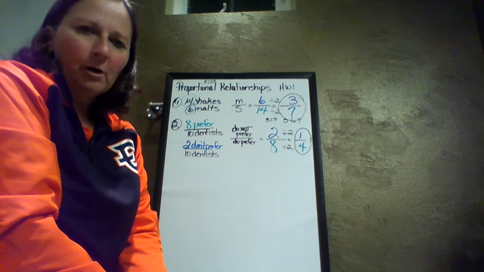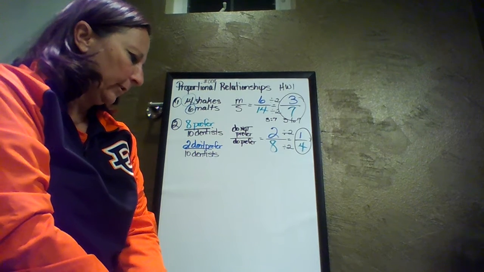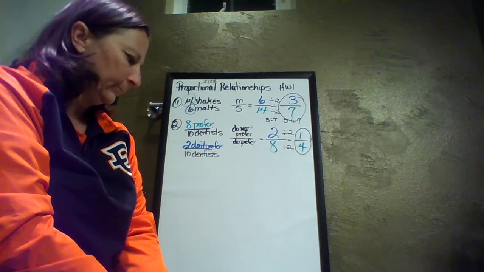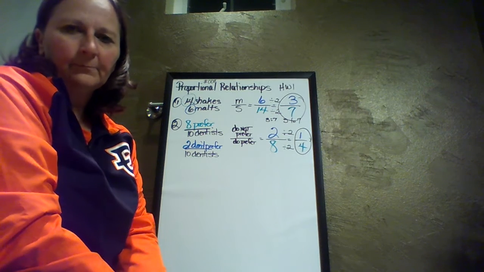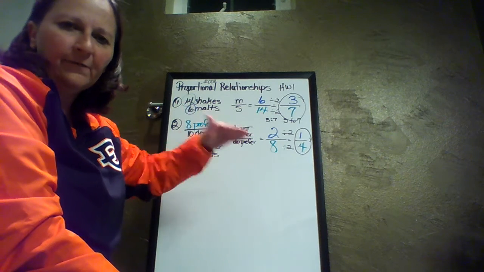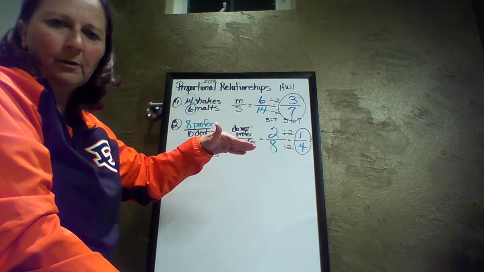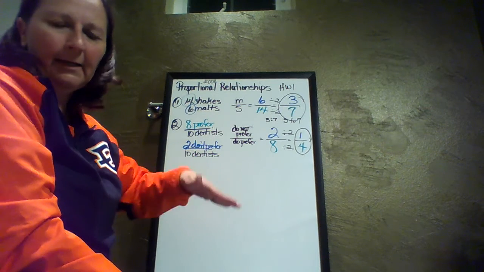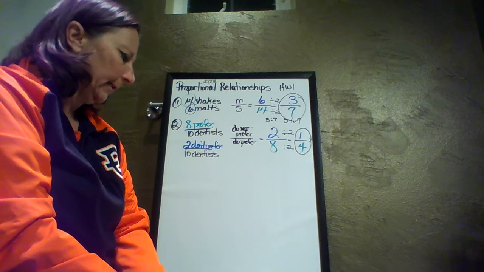For number 4, you are looking at calculating out some unit rates with Folgers coffee and Seattle's Best coffee. Remember, money goes on top. You have to give money first before you get stuff. So money will go in the numerator, and then whatever you're buying is in the denominator. All right.